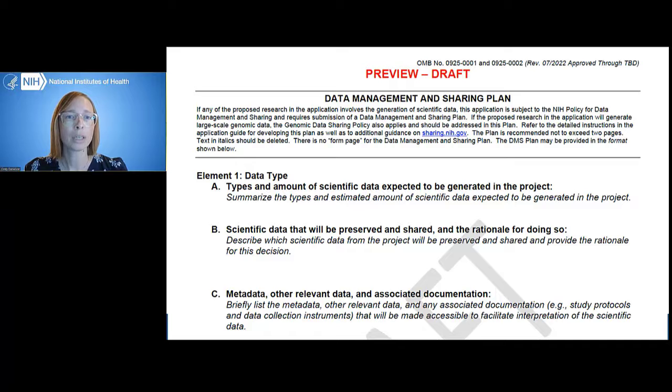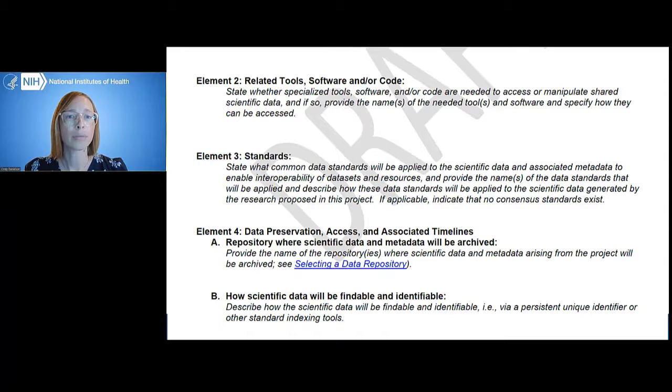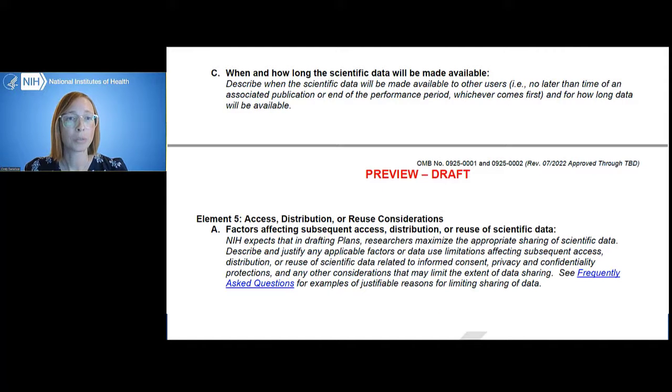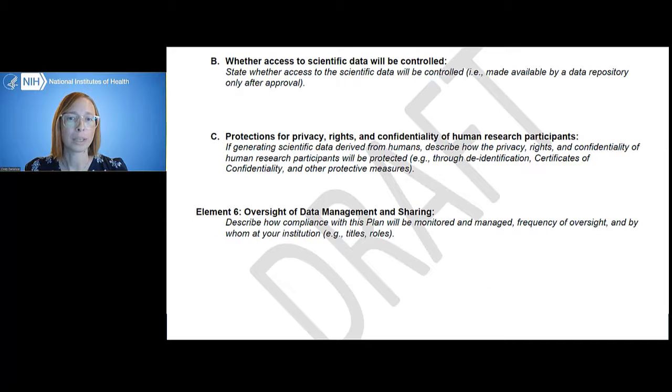You'll notice that the information here aligns with the same elements that I just described: data type, related tools, software and code, standards, data preservation, access and associated timelines, access, distribution or reuse considerations, and oversight of data management and sharing. We've just broken them up into a few sections to make it easier to address each aspect.